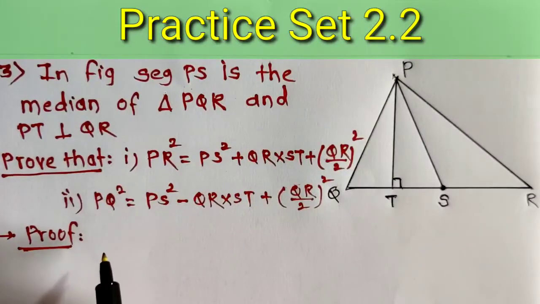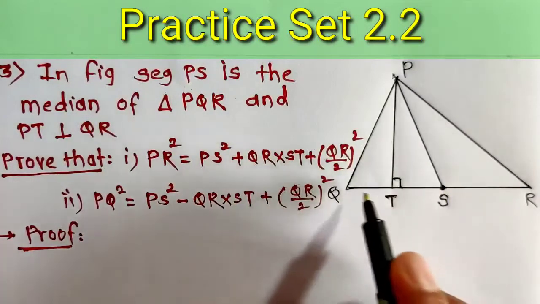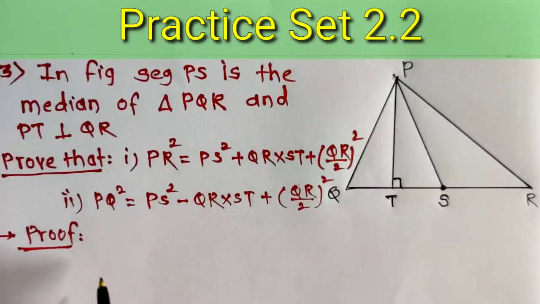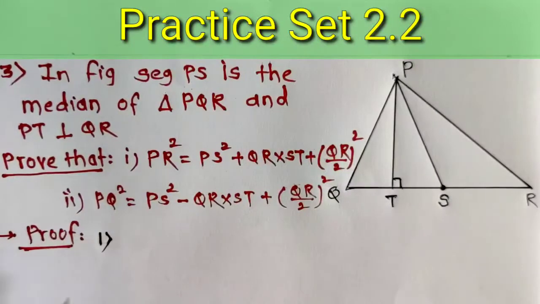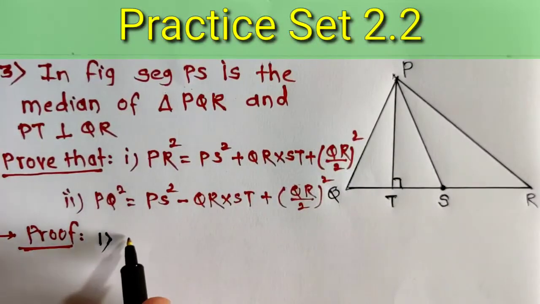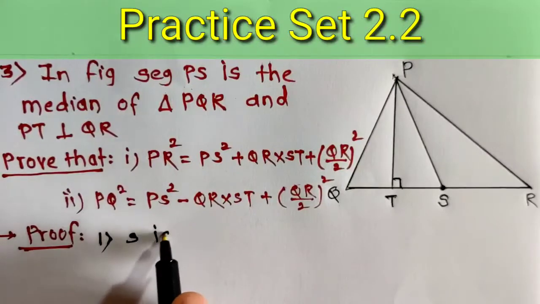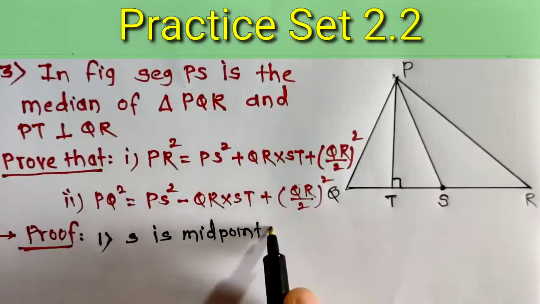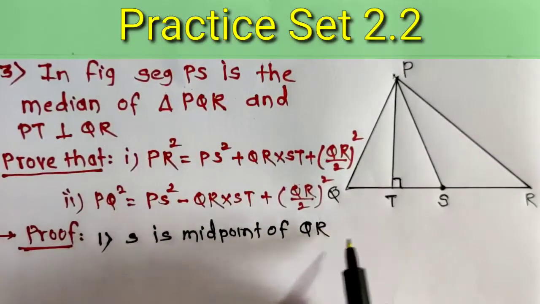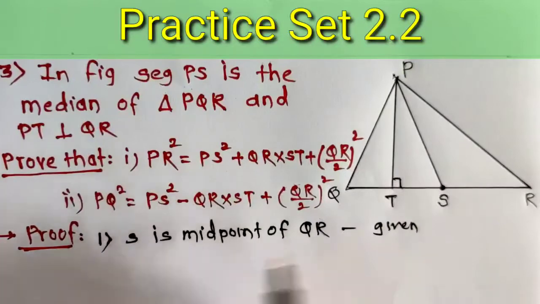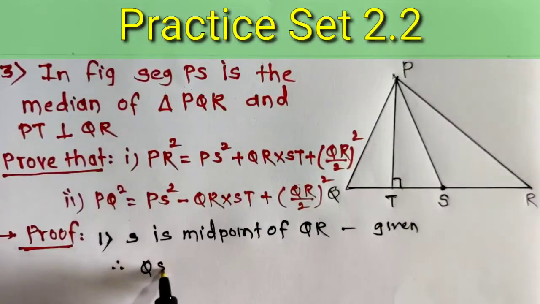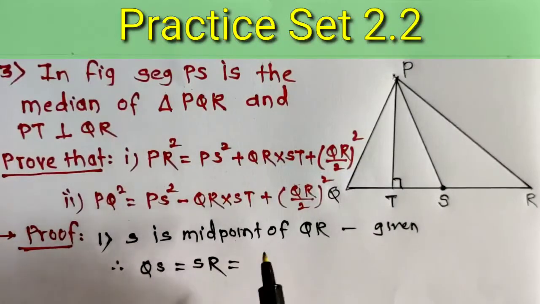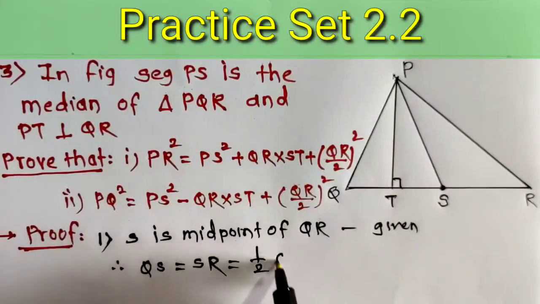Now first point here, this S is the midpoint, therefore QS is equal to SR is equal to half QR. So that is our first point. So the first point that we have to write here: S is midpoint of QR, that is given, and therefore QS is equal to SR is equal to half QR.